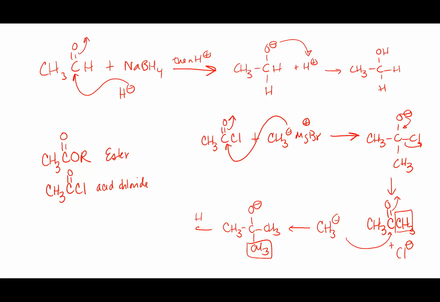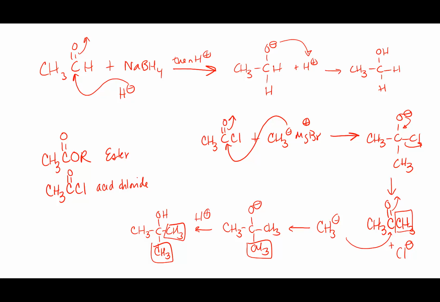It waits around to be protonated so that I end up forming a tertiary alcohol. And in this case, two of the alkyl groups attached to the tertiary alcohol came from that initial Grignard. So if it was two methyl groups or two ethyl groups or whatever the Grignard was, those two groups are going to be the same.